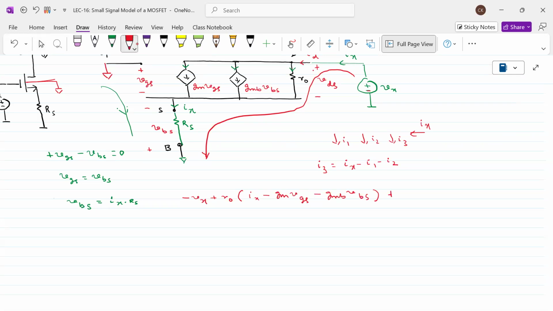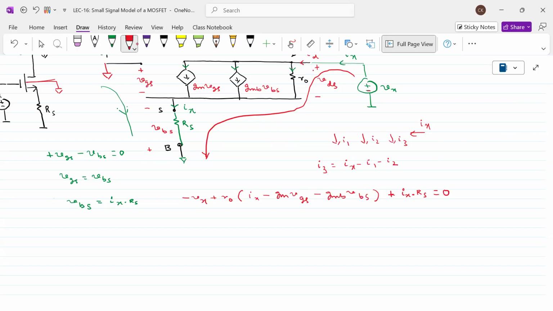Plus voltage. Sorry, what is the voltage here? Ix into Rs equal to 0. First Vx, the drop across R naught, and the drop across Rs. Am I right or not? Vx is distributed across both of these. Now what is the VBS here?